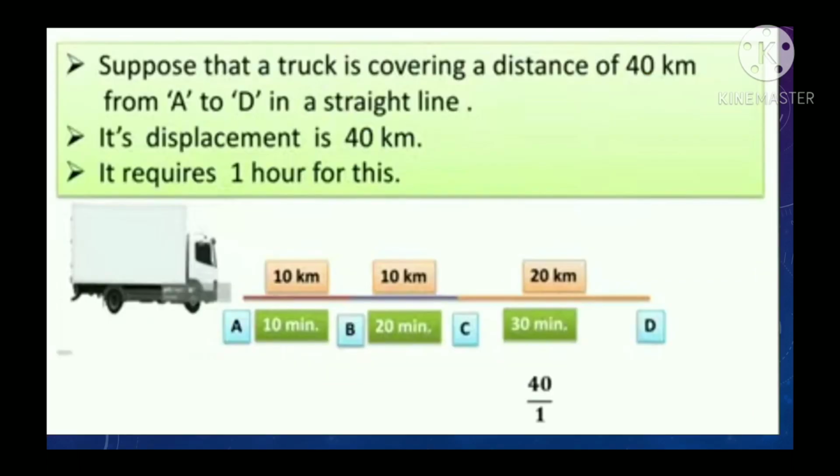Suppose that a truck is covering a distance of 40 km from A to D in a straight line. Its displacement is 40 km and it requires 1 hour for this. It means its average velocity is 40 km per hour.